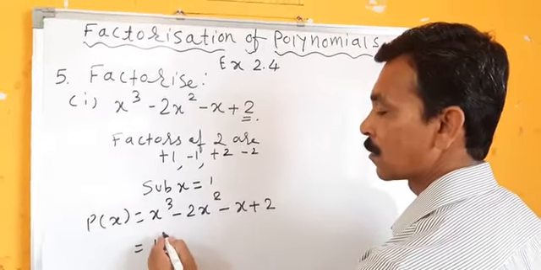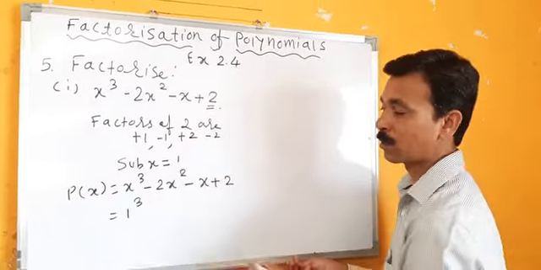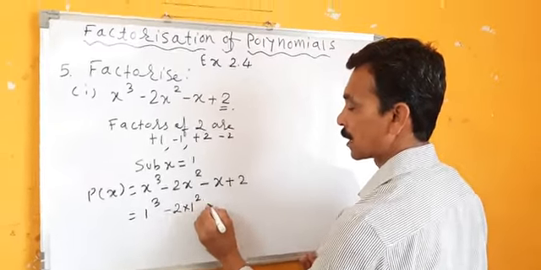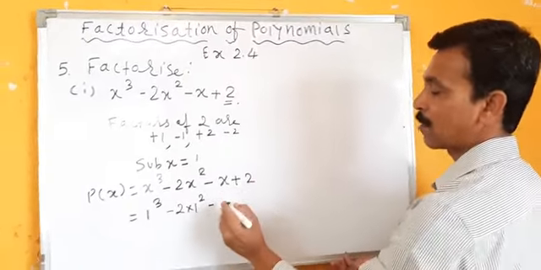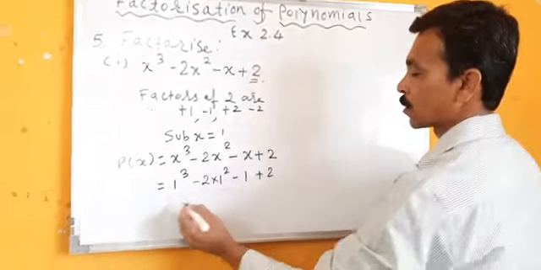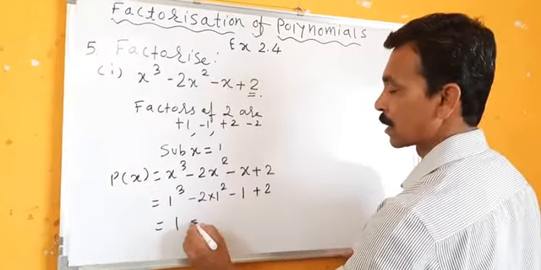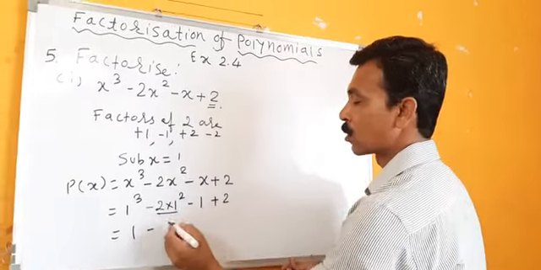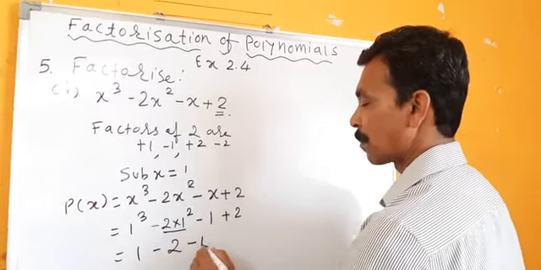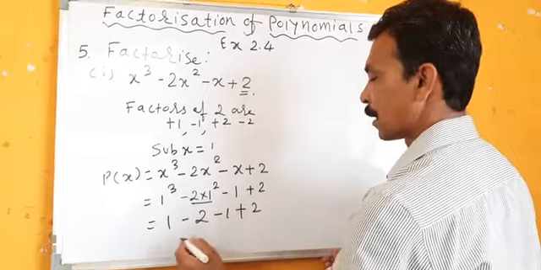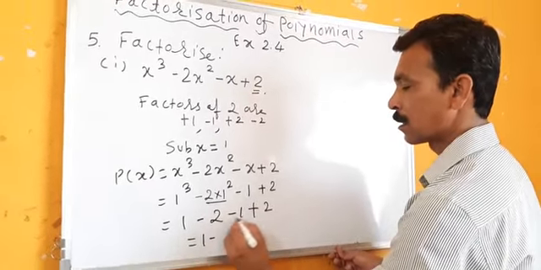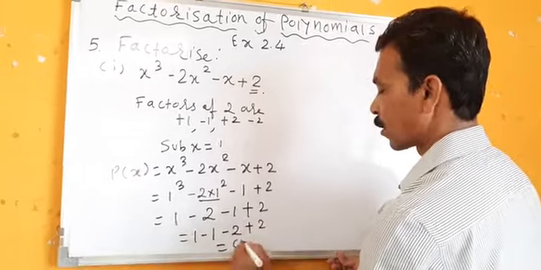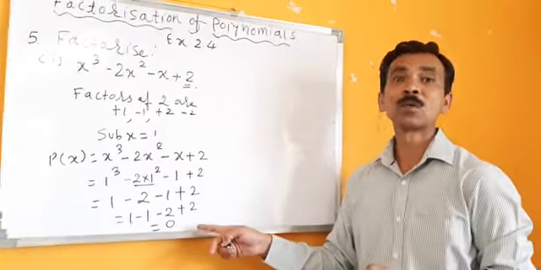So it will become 1 cube minus 2 into 1 square minus 1 plus 2. 1 cube is 1, minus 1 square is 1 and 1 into 2 is 2. This is minus 1 and plus 2. Look here, this is 1 minus 1 minus 2 plus 2. What is the remainder? 0.